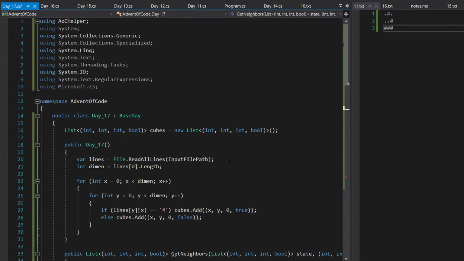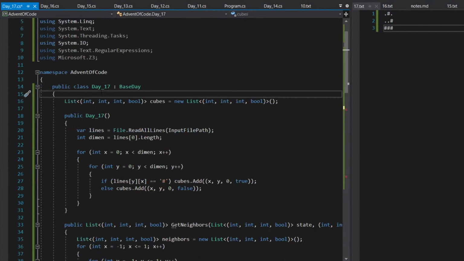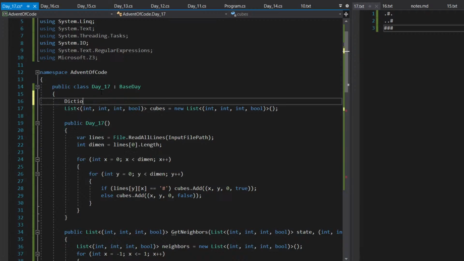Can you have a dictionary? Yeah, I guess you could have a dictionary like this.